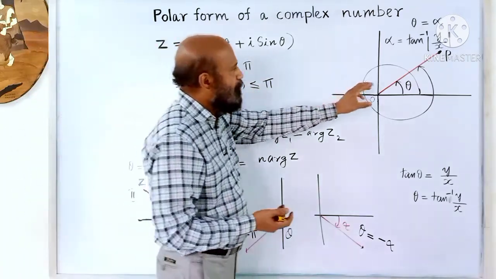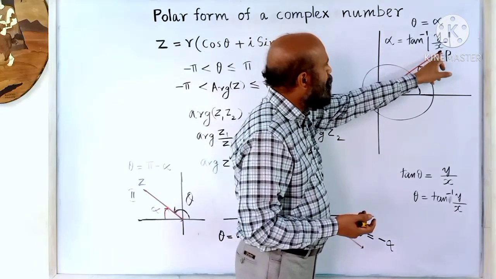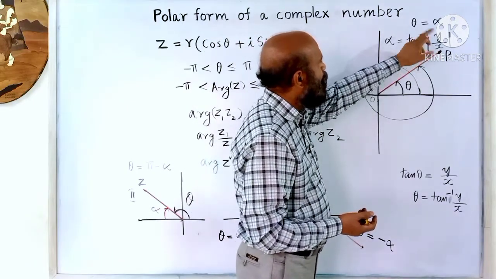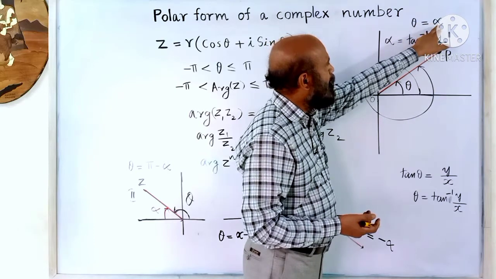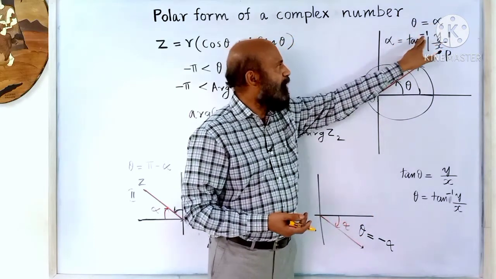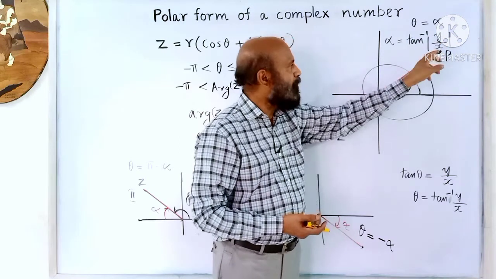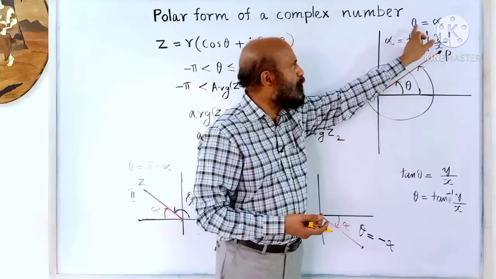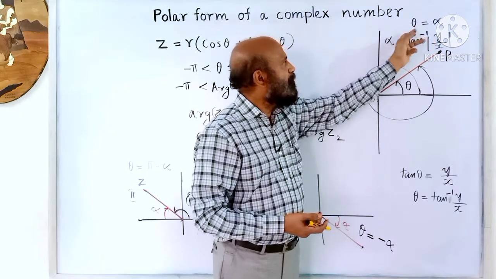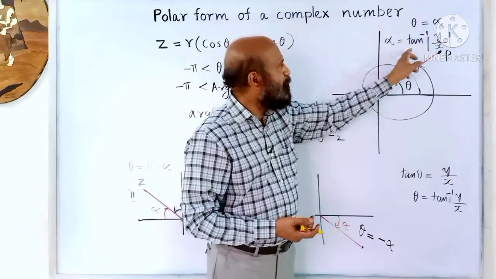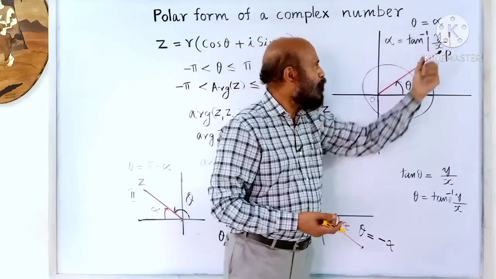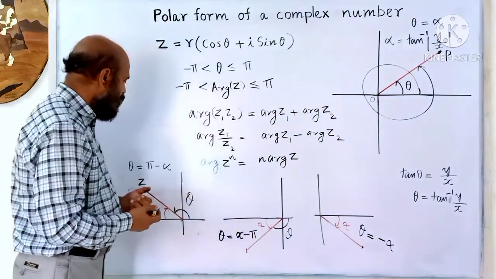When the angle is in the first quadrant, theta is the same as alpha, where alpha is tan inverse modulus of y by x.